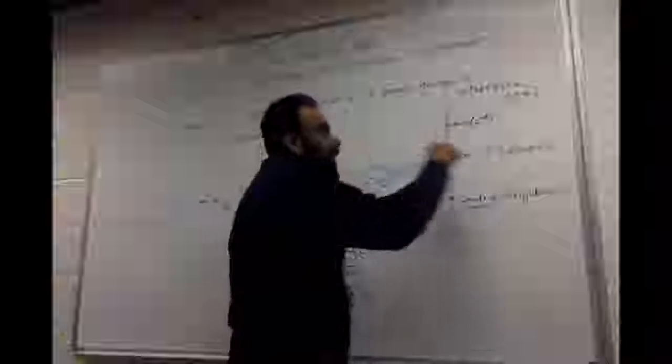And then, if you keep looking around, you'll find a place where the next minima comes in, and that's the second minima. The condition for that will be a sine theta is equal to 2 lambda. That's going to be the second minima. And if you keep looking around, you'll get the third minima.